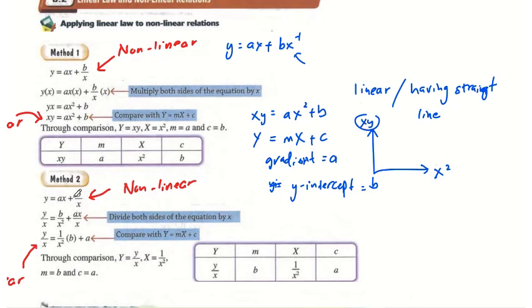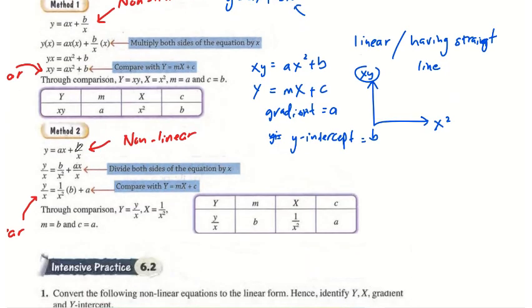And then method 2. Okay, same equation, also non-linear, but the step given is to divide both sides by x. This part is determined by the students. You have to decide whether to multiply or divide by one variable, variable x or variable y.